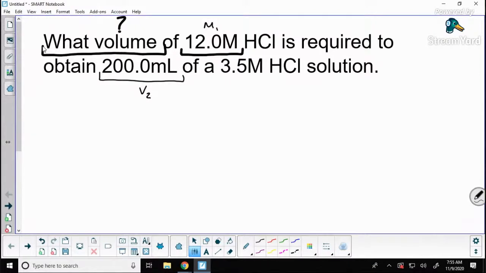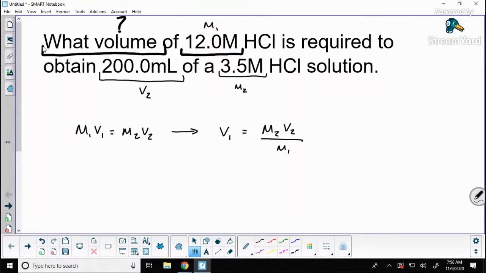And because it's of our diluted solution, I'm labeling it as V2 of a 3.5 molar. So this should be my new molarity, or M2. So again, if I'm thinking in terms of M1V1 equals M2V2, and that is rearranged to V1 equals M2V2 all divided by M1, then I have all the different pieces of information that I'm needing to be able to solve this particular problem.